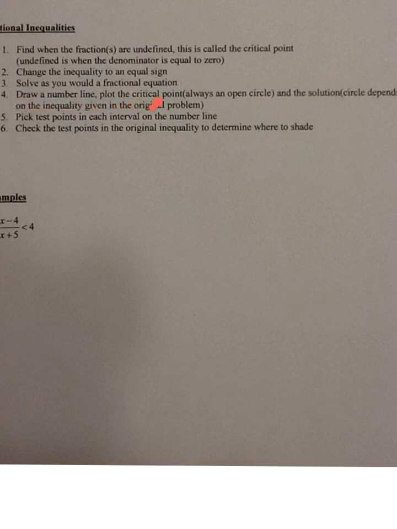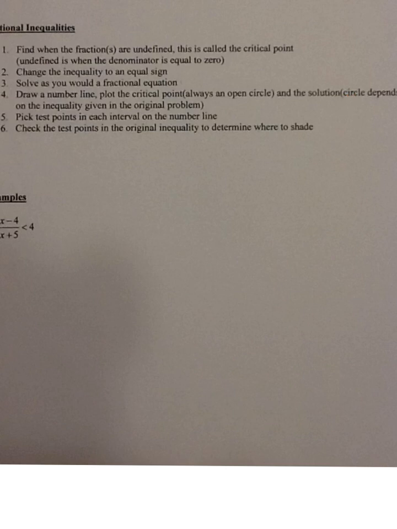You're going to plot the critical point. When you plot the critical point, that's going to be an open circle because, remember, the critical point is when it's undefined, so it can't be that solution. And then the other solution you're going to get from when you solve the equation, that circle will be dependent on what's the original problem. If it's less than or equal to, greater than or equal to, it's a solid circle.